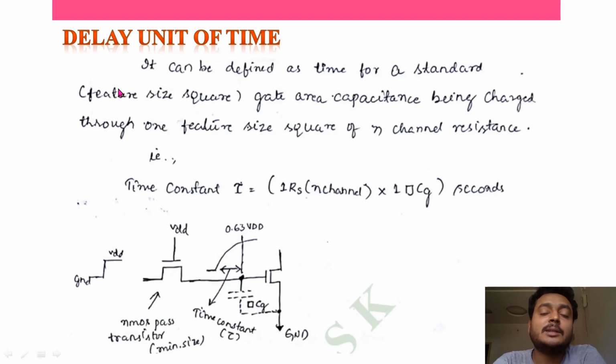This is what I discussed in the previous slide: Rs into Cg gives tau. In the example here, we have a minimum size MOS transistor driving a unit standard gate capacitance. The time taken for the output to rise from 0 to 0.63 VDD is called the time constant, or delay unit of time, tau.